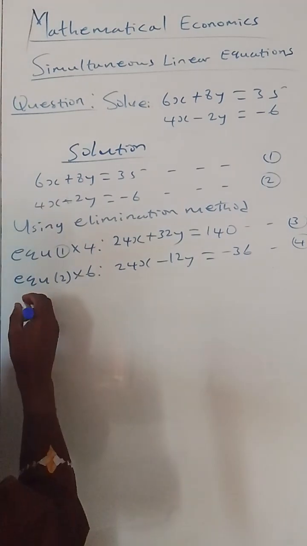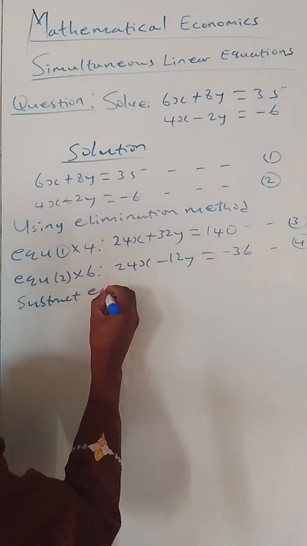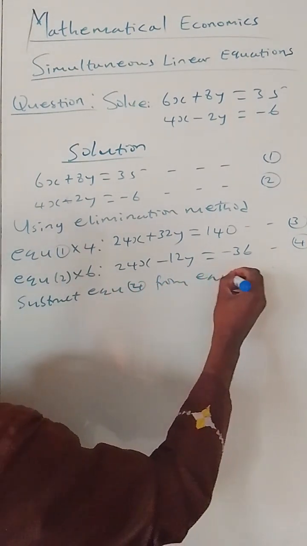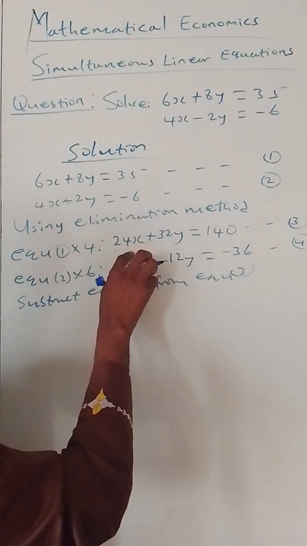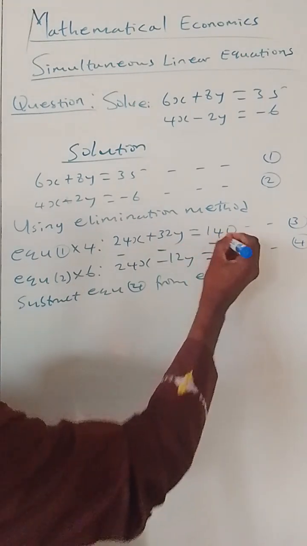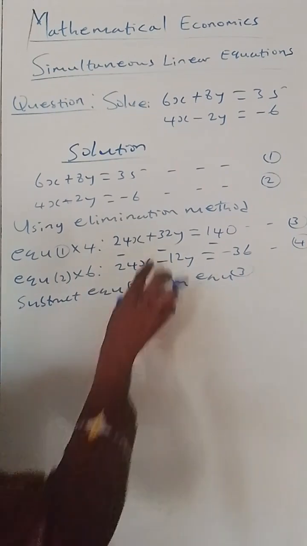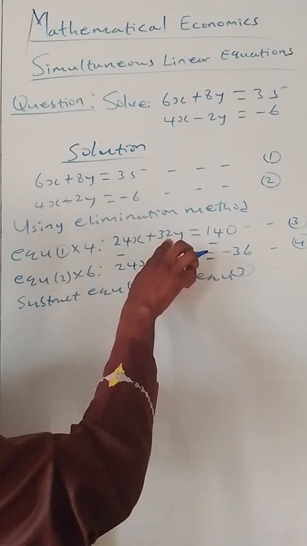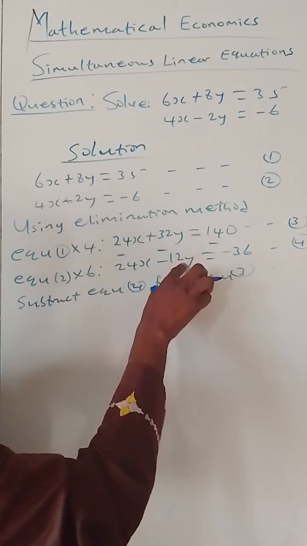That's what I'm going to do. We subtract equation 4 from equation 3. So 24 minus 24 becomes 0. Then I move to the next one. I have plus 32y here and minus 12y here.